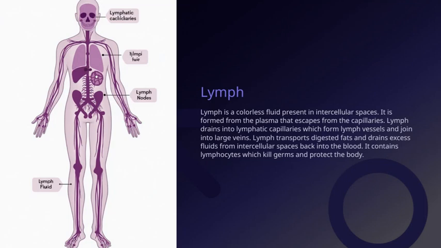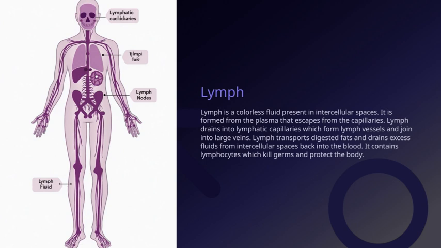Lymph is a fascinating part of our body's fluid system. It's a clear, colorless fluid that fills the spaces between our cells, helping to keep everything balanced. It's actually formed from plasma, the liquid component of our blood, which leaks out of tiny blood vessels called capillaries. Once this plasma escapes, it becomes lymph, and its journey is quite important for our health.